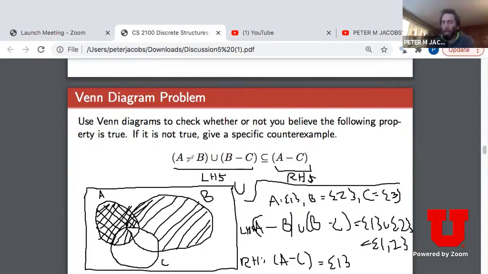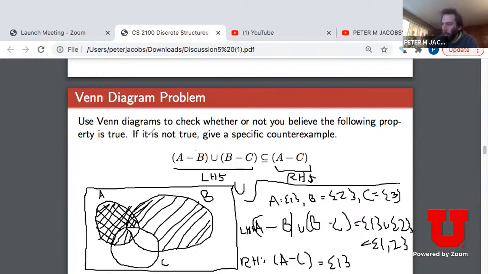Okay, so the issue here is that we're now dealing with sets and not numbers. When we put a minus in between two sets, it has a different meaning than when we put a minus in between two numbers.